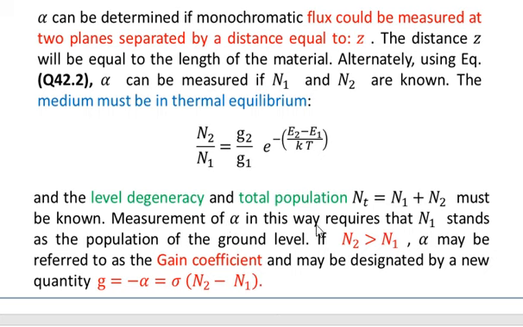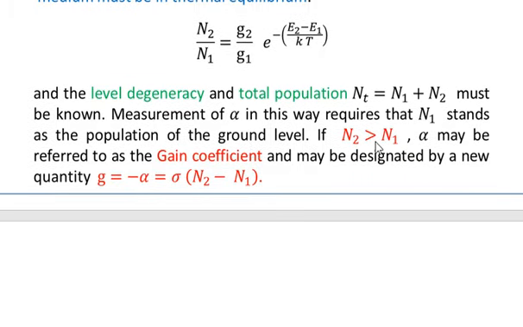Measurement of alpha in this way requires that N1 stands as the population of the ground level. If N2 is greater than N1, alpha may be referred to as the gain coefficient and may be designated by a new quantity G, which is equal to minus alpha, and that is equal to sigma into (N2 minus N1).